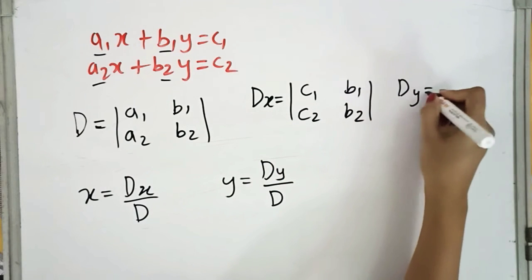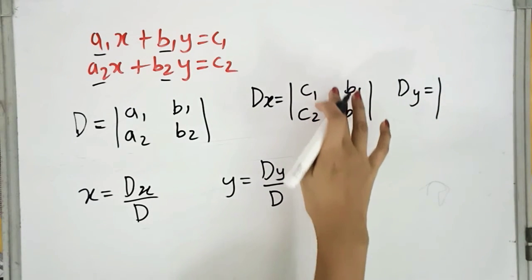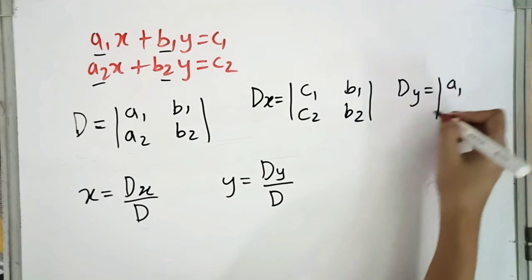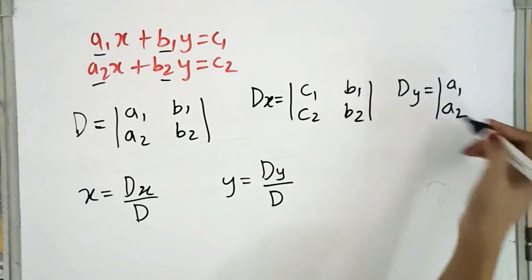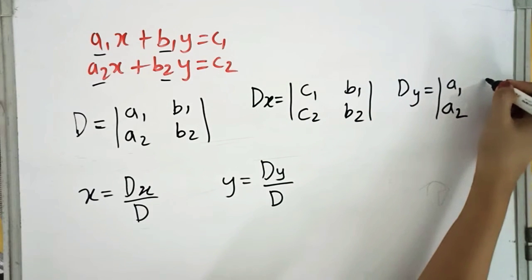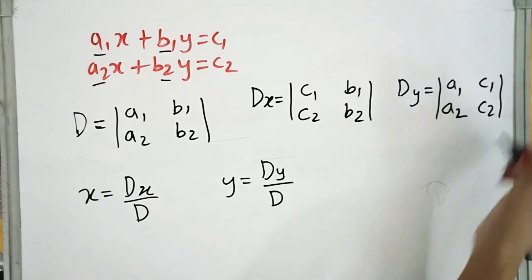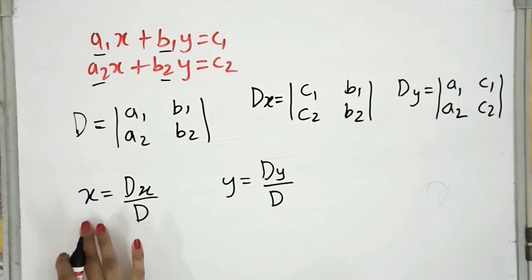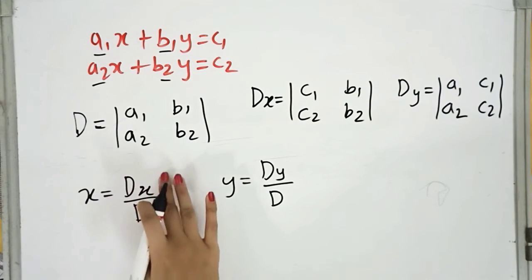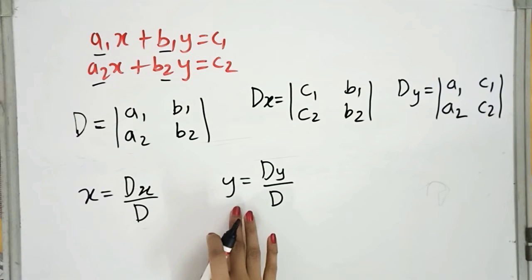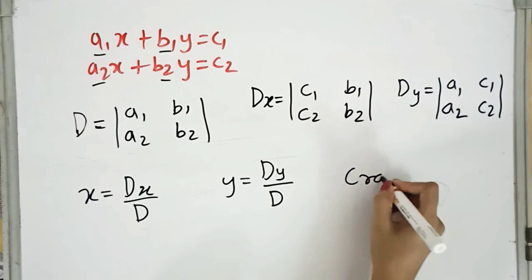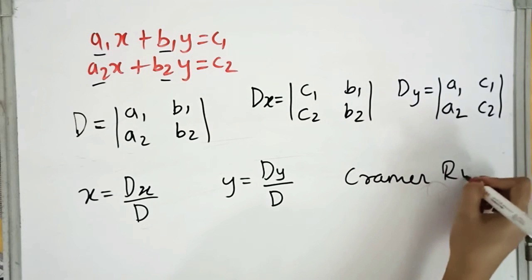Similarly for Dy, we will replace b1 and b2 by c1 and c2, and put a1 and a2 as they are. So this will be our determinant Dy. To find x, it will be Dx by D. For y, we find Dy by D. So this is our Cramer's rule.